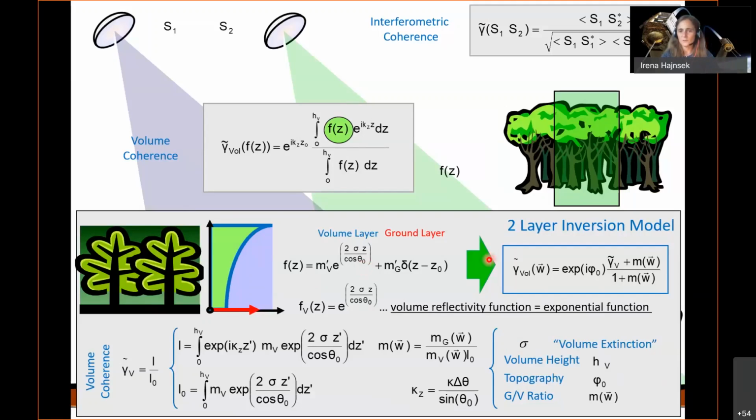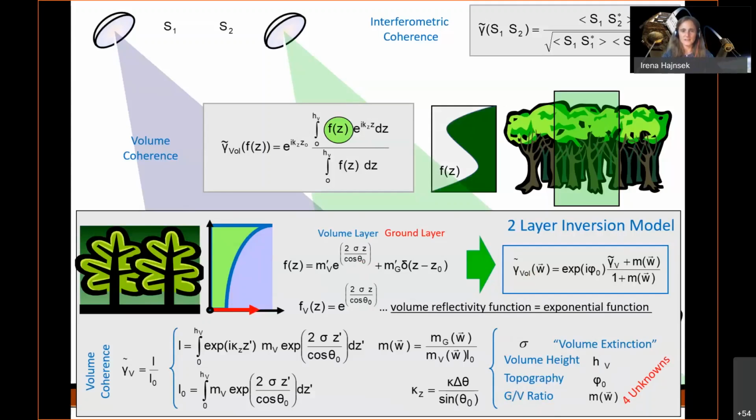Otherwise, the model looks quite the same. The only thing that we've changed now is the parameterization of f of z, so that we do not have n parameters to define as unknowns any more. Now we have fixed it, and we could reduce it to 4 unknown parameters, which is very important.